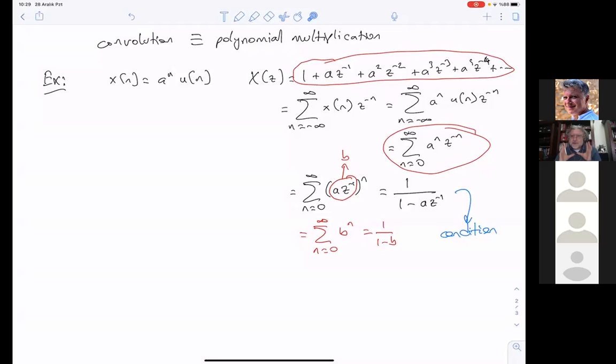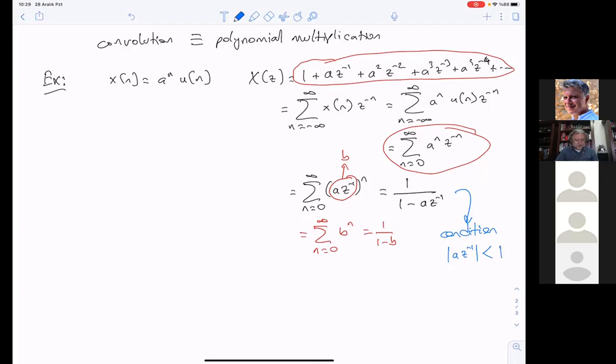It must be less than 1 in magnitude. Otherwise, this series summation will diverge to infinity as n goes to infinity. The condition is therefore that b, which is a times z inverse, must be less than 1 in magnitude.